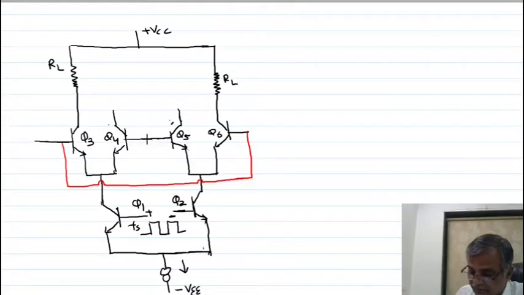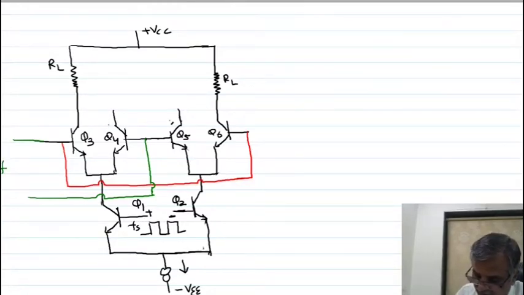Now, I am taking one jumper here, like this, and I am giving you here the output of the VCO connected.